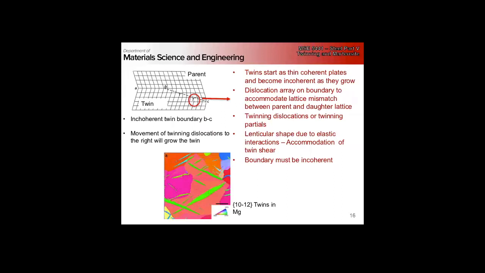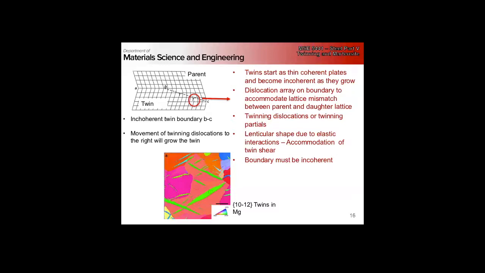So unfortunately, the system can't maintain perfect coherency, right? Because the twins may start out as a thin, coherent plate, but as we'll see, there's a lot of shear that needs to be accommodated by the neighbors. So in a single crystal where you've got no confinement, we can grow these perfectly coherent twins.